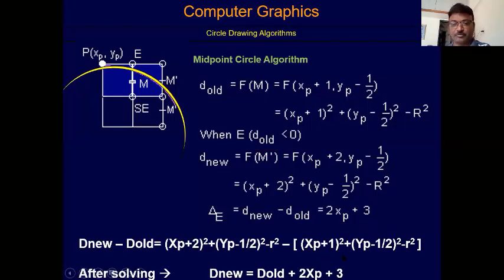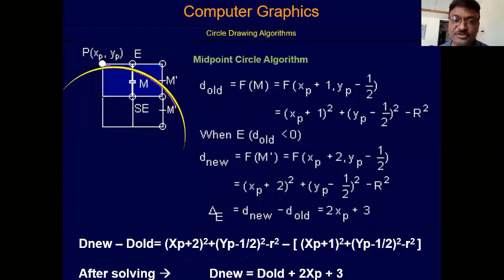Is it visible to all? See, I have put all the values. Once you solve the new value and the old value, the new decision parameter becomes d old plus 2xp plus 3.